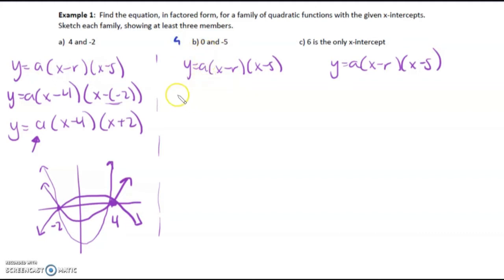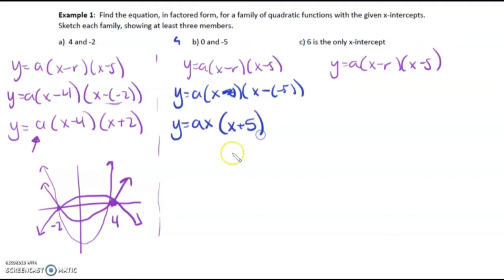Now let's go to number 2. Let's sub in 0 and negative 5: x minus 0, x minus negative 5. Then x minus 0 simplifies, so ax, that cancels out there, and then x plus 5. So a quadratic equation in factored form can also look like this.